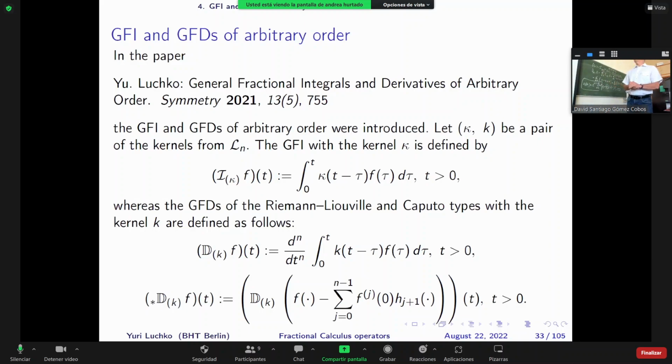Having defined the generalized Sonine condition, the so-called general fractional integrals and derivatives can be defined in a standard way.